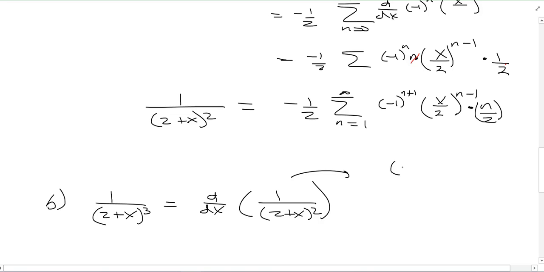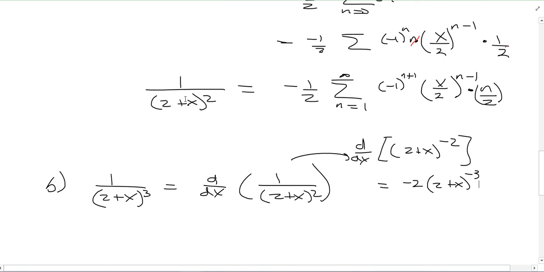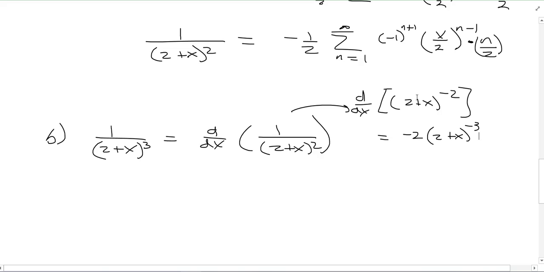You're going to have 2 plus x to the minus 2 is the function. So when you take the derivative, you're going to have minus 2 times 2 plus x to the minus 3. So you end up gaining an extra constant in here. And so figure out how that translates into this.